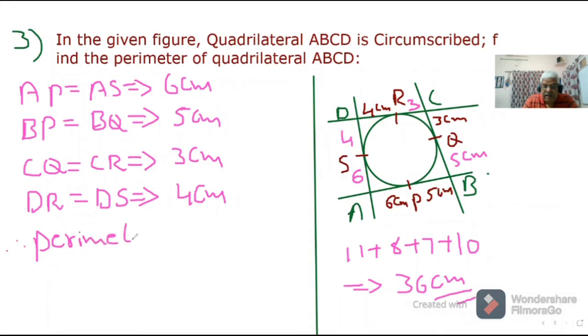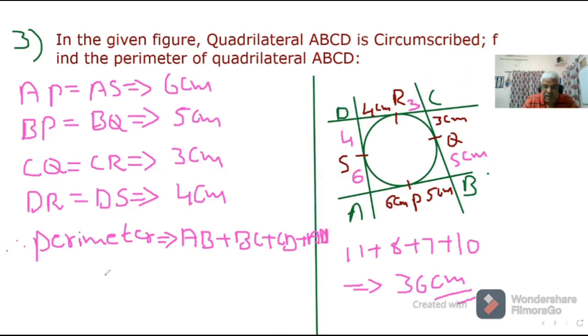of this quadrilateral, remember all the four sides we have to add. Perimeter of the quadrilateral can be written as AB plus BC plus CD plus AD. All the four sides we have added here.